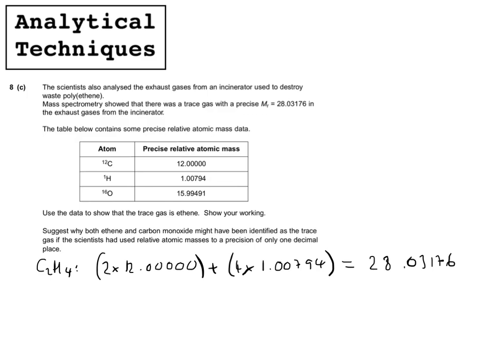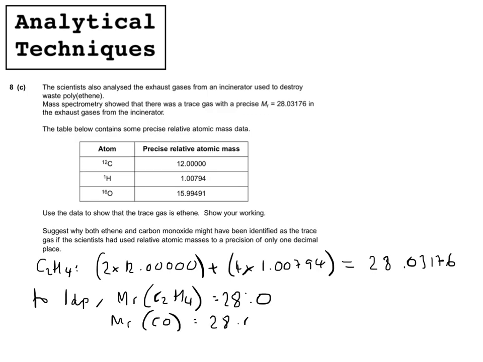Then it says, suggest why both ethene and carbon monoxide might have been identified as a trace gas if the scientist had used relative atomic masses to a precision of only 1 decimal place. So here you could say to 1 decimal place, MR of C2H4 equals 28.0 and MR of CO equals 28.0.